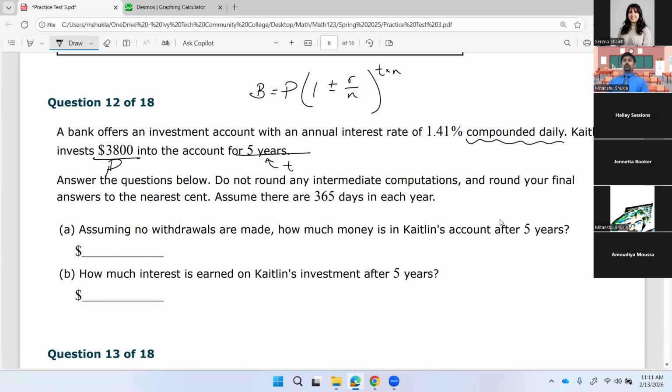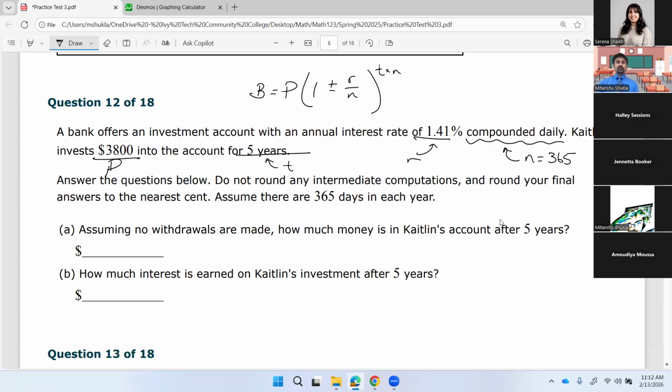So, well, I know that my rate is 1.41%. It's being compounded daily. So, daily, how many days in a year? 365, Matachu. Exactly. Yes, there's 365 days in 1 year. Okay, let's put it all together.